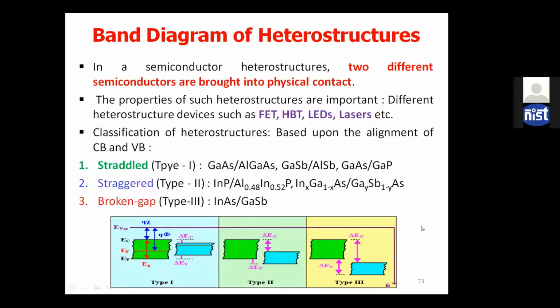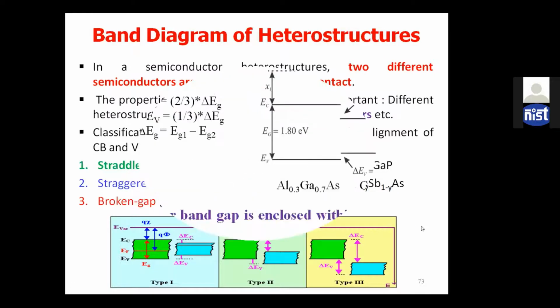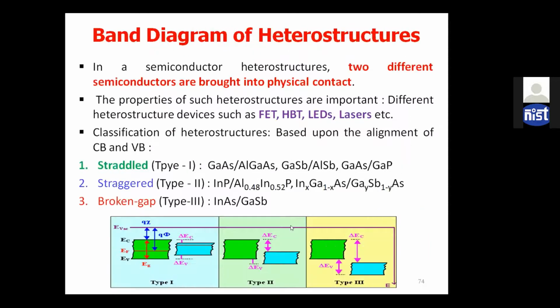So I will explain in details. See here. In type 1, this is material A, this is material B, this is the vacuum level. So here the delta EC, that is the gap between the conduction band of the higher band gap material minus the conduction band of the lower band gap material, which is delta EC.